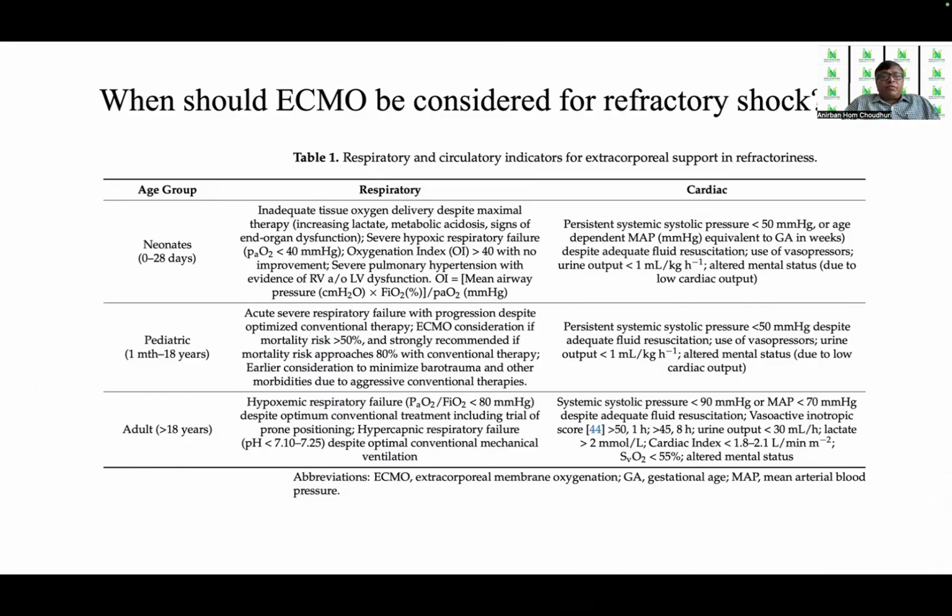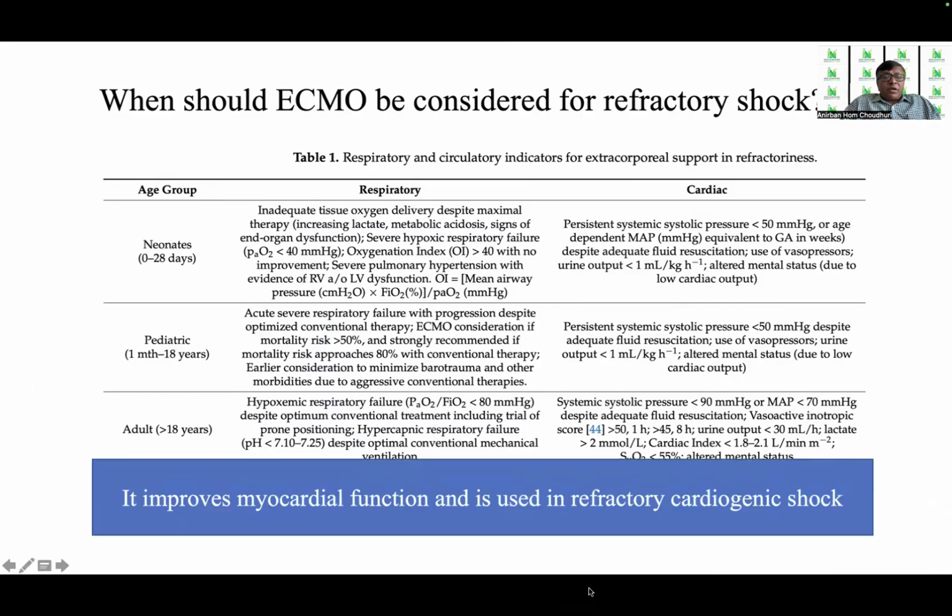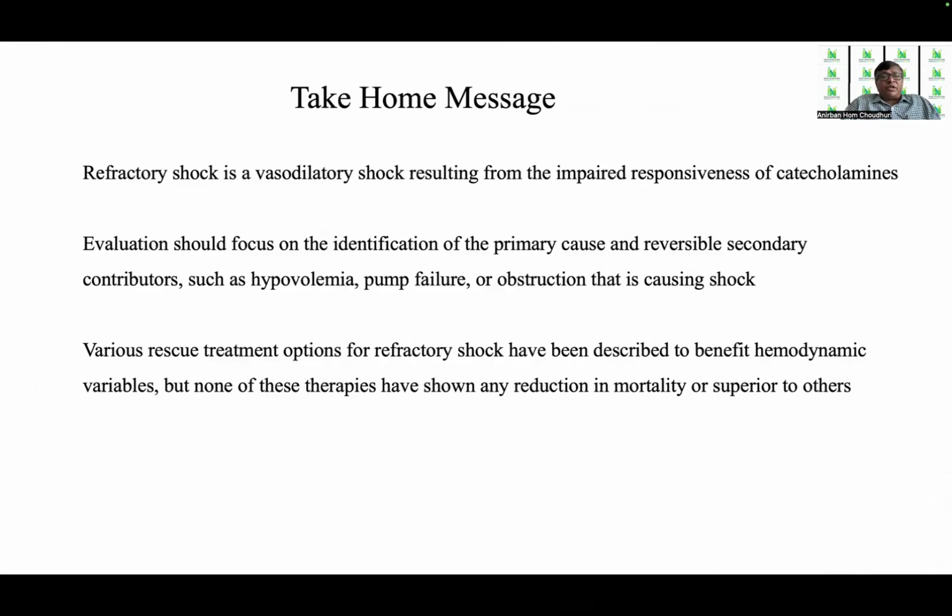All are indications to consider ECMO in patients with refractory shock due to cardiac conditions. It improves myocardial function, and it is used in all patients with refractory cardiogenic shock.